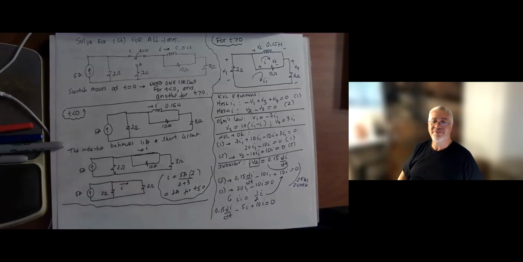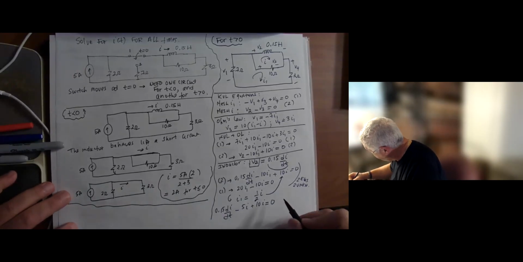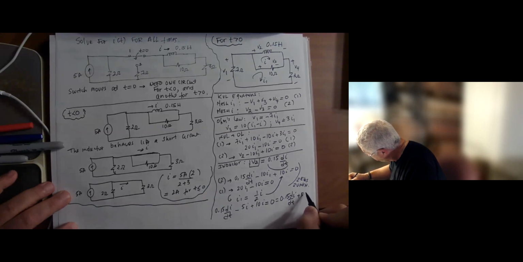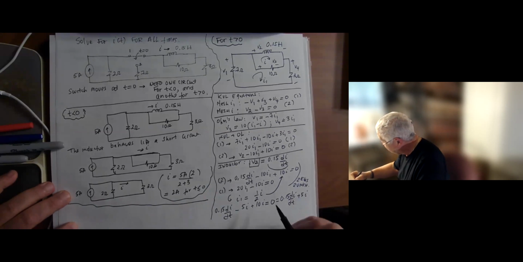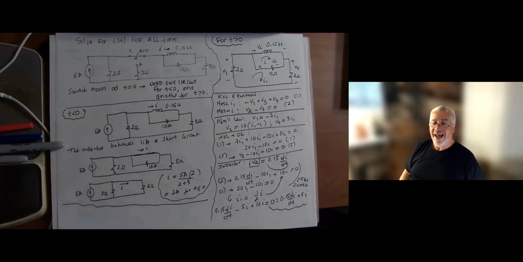So this becomes di/dt plus 5I equals 0. That's my differential equation right there. I haven't normalized it yet, but that's the only thing that I have to do is to normalize it.